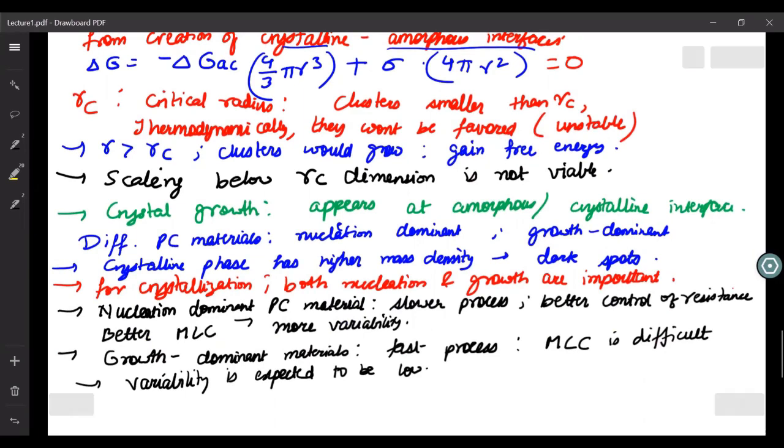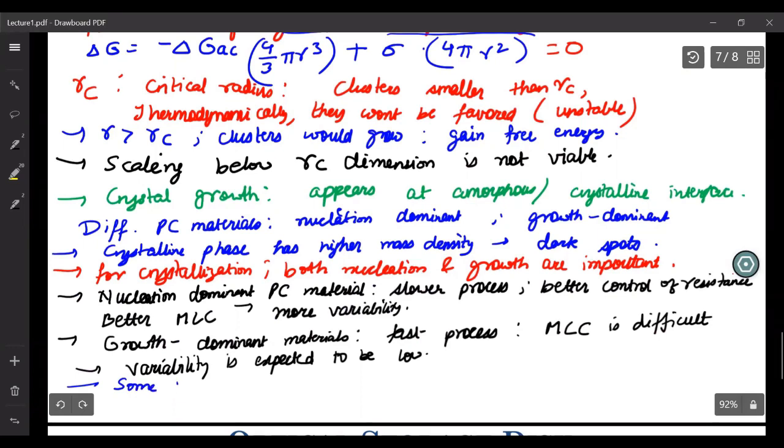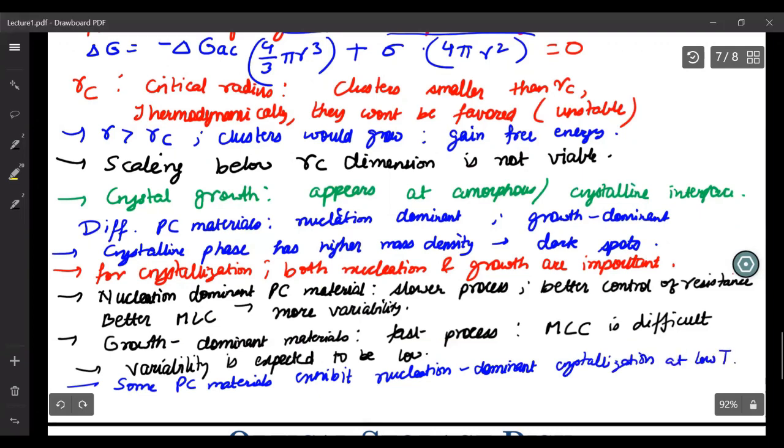And on top of that, the best part is that some phase change materials exhibit nucleation dominant crystallization at low temperatures, but above Tc, a growth dominant mechanism at higher temperatures.